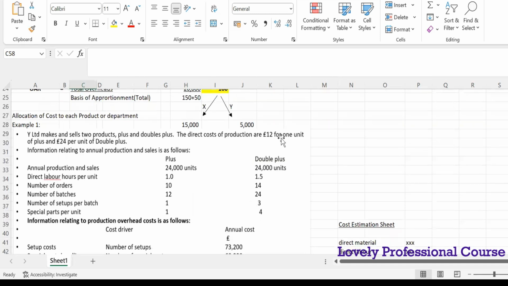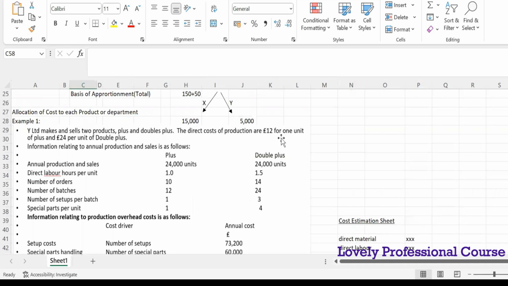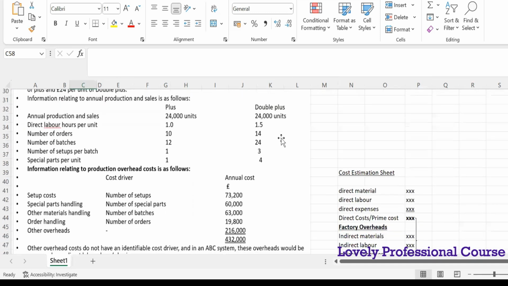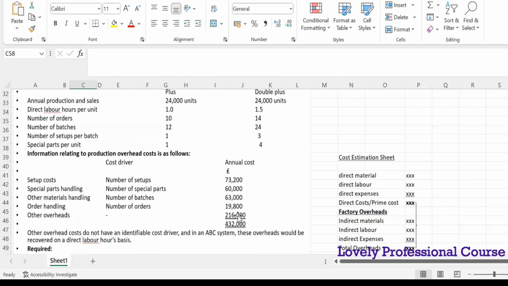Then I come back and divide by the number of units to get cost per unit, which makes things easy for me and eases the work of apportioning this annual cost.